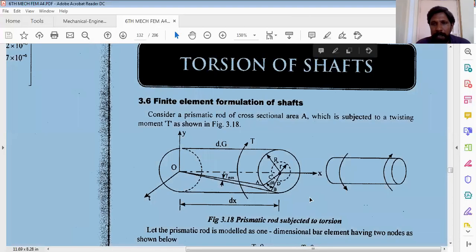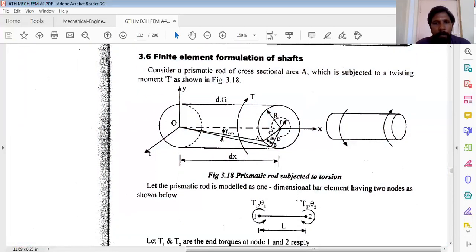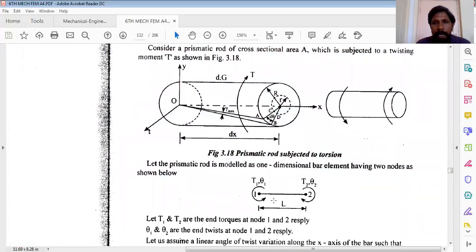Let us first try to have the finite element formulation, or the discretization process. Here it is considered as node 1, and at this location it is node 2. It is subjected to a twisting moment or torque at node number 1, which may be a fixed end, and I am considering the twisting moment as T1, and the corresponding angle of twist at that location is theta 1.